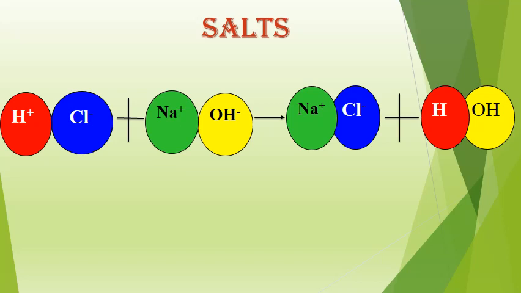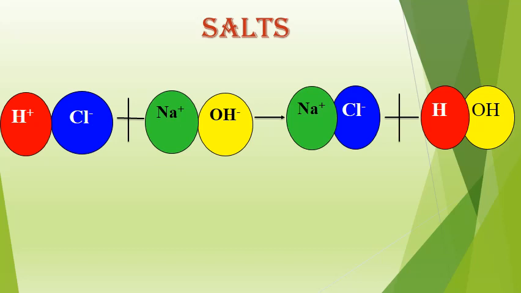Now when hydrochloric acid reacts with sodium hydroxide, it produces sodium chloride and water. In a neutralization reaction, the real reaction is between hydrogen ions and hydroxyl ions forming water molecules.